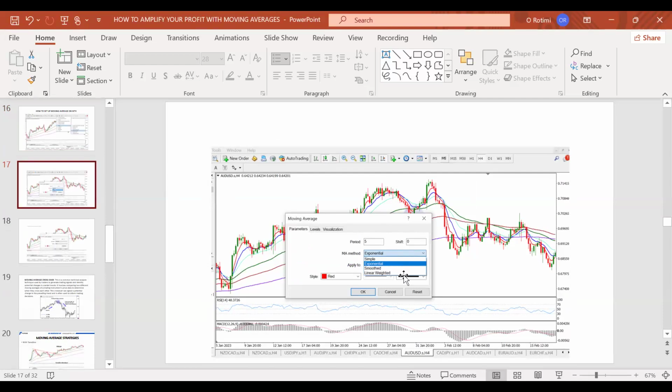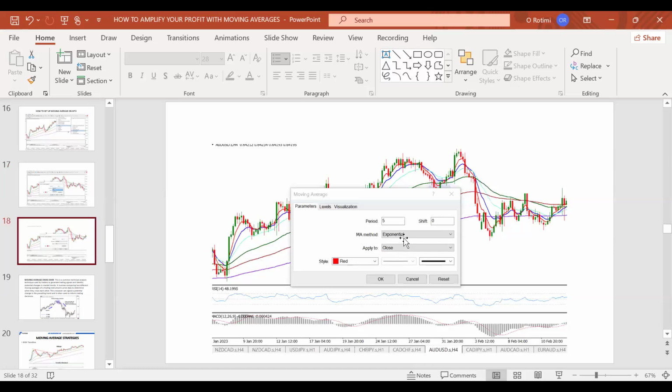But we said that in this course, we are focusing on the simple moving average and the exponential moving average. So in this example on the diagram here, we are selecting the exponential moving average. And once you have clicked on it, you now determine the period you want to use. The period can vary depending on your trading strategy and even the time frame on which you are taking your trades.